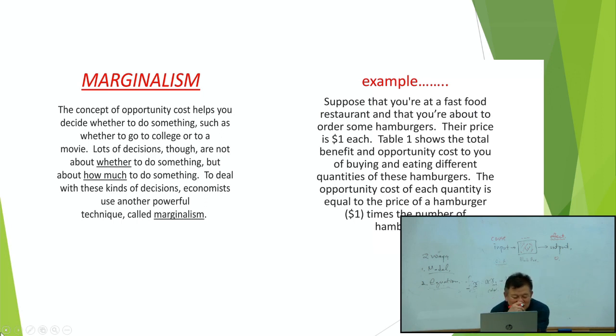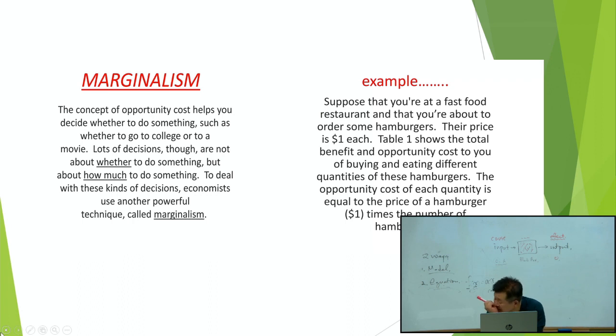Or lots of decisions. So not about whether to do something, but about how much to do something. Whether or how much. To deal with this kind of decision, economists use another powerful technique called marginalism.